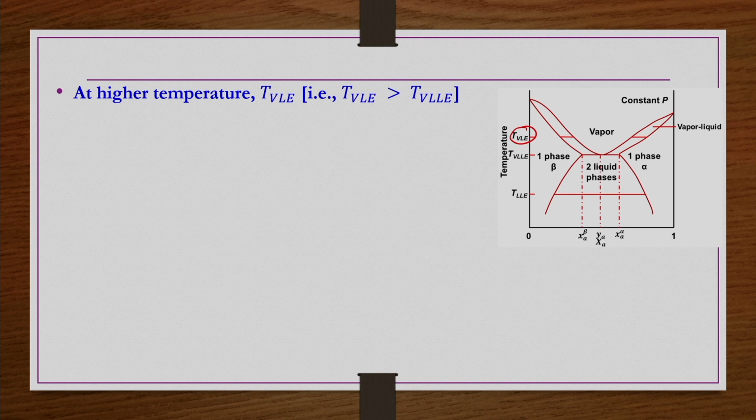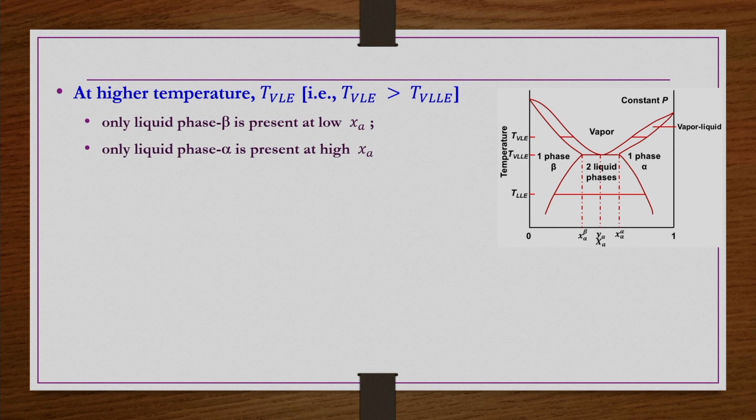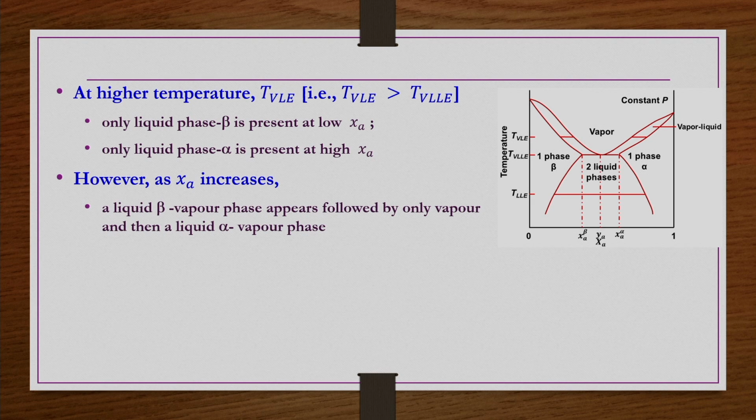We can have only liquid beta, that is again at low XA side, and then only liquid alpha, that is again at high XA side, and then however as XA increases from small XA to higher XA side, a liquid beta and vapor phase coexist, that is this region, followed by only vapor phase, that is this one, and then a liquid alpha and vapor phase, that is this region is possible, right.